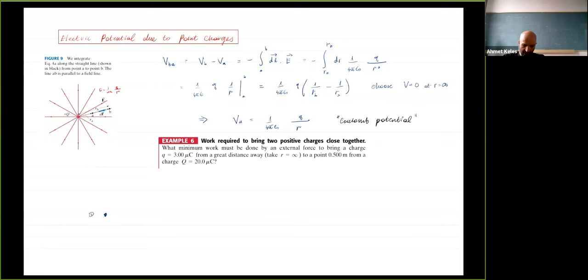Let's put a charge, and this charge is going to have some field, something like this. The potential for this charge we just calculated. So V is equal to 1 over 4 pi epsilon naught Q times 1 over R, at any distance R.